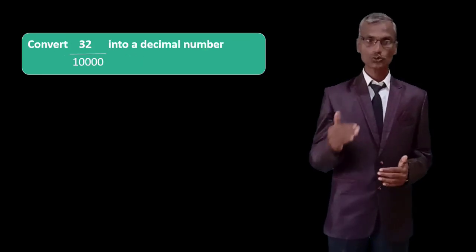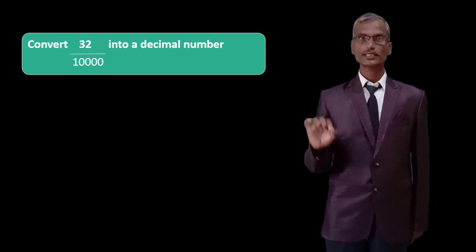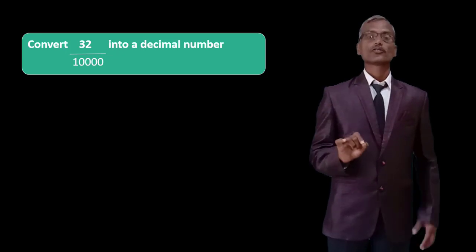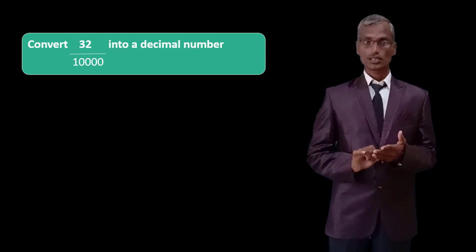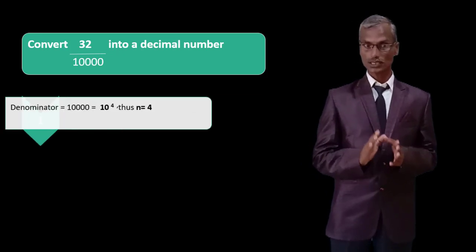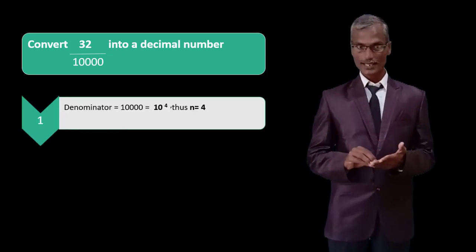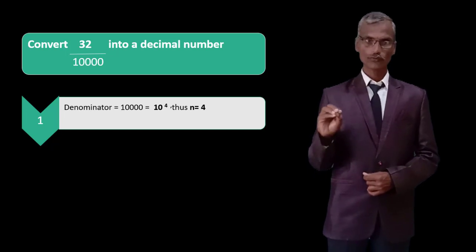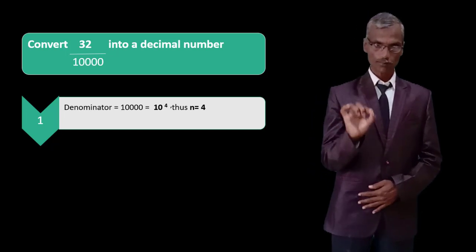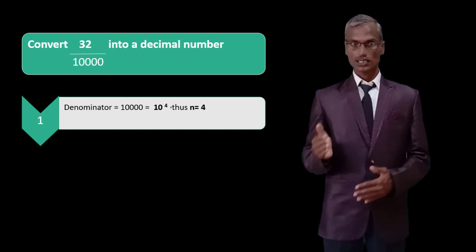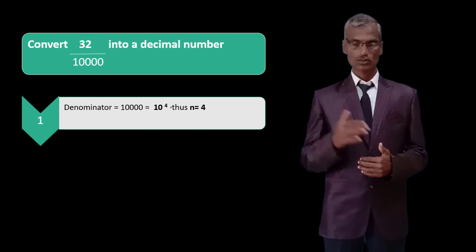Convert 32 upon 10,000 into a decimal number. Step first, denominator is equal to 10,000. It may be written in exponential form as 10 raised to the power 4, because the number of zeros is 4. Thus, n is equal to 4.